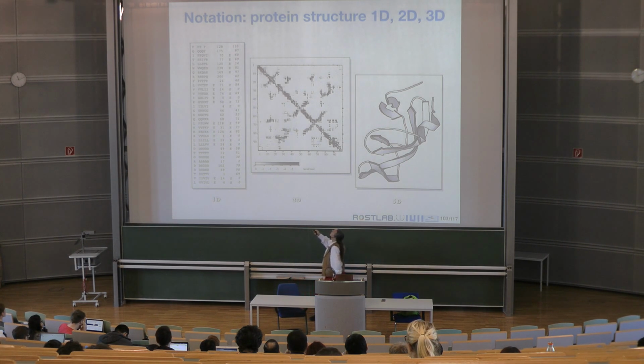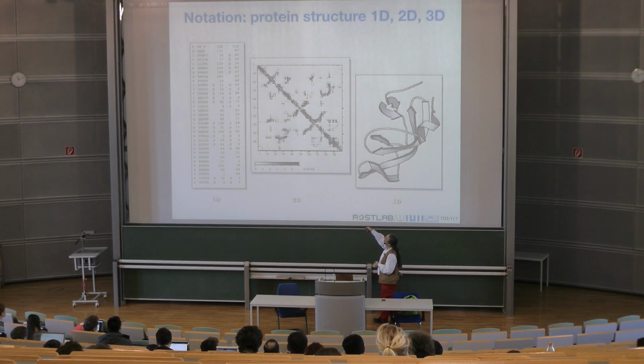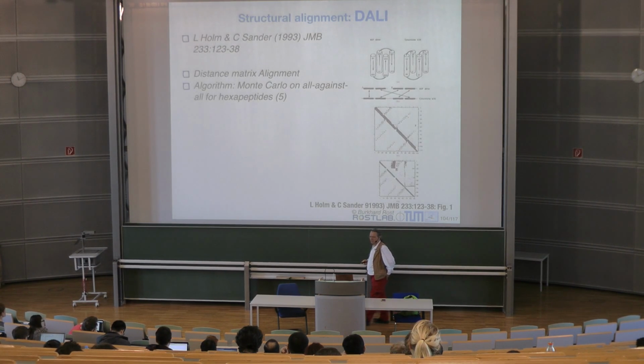Okay, so essentially what you write down here is the 98 residues in that direction, 98 residues in that direction, and here is essentially the darker, the closer. And that's a distance matrix. So again, from the 2D representation, you can essentially get back the 3D representation, but in 1D you have none of that information left.